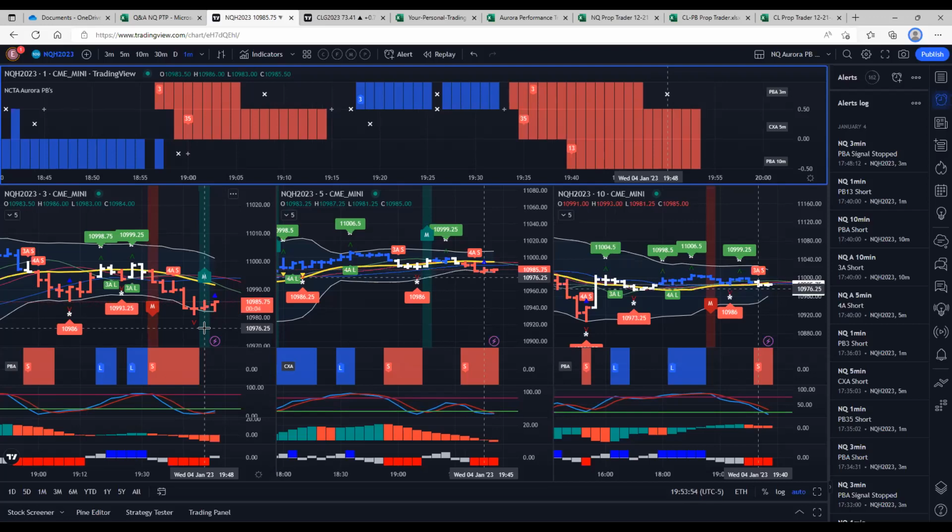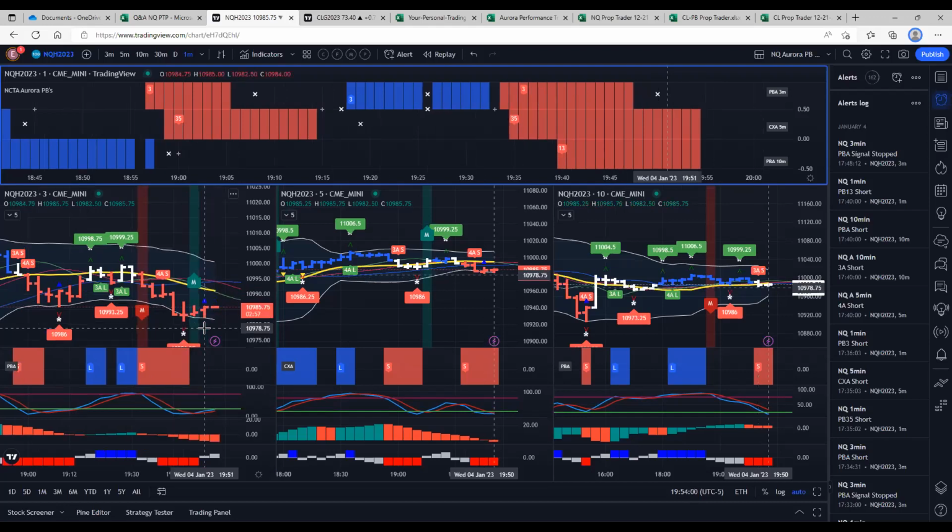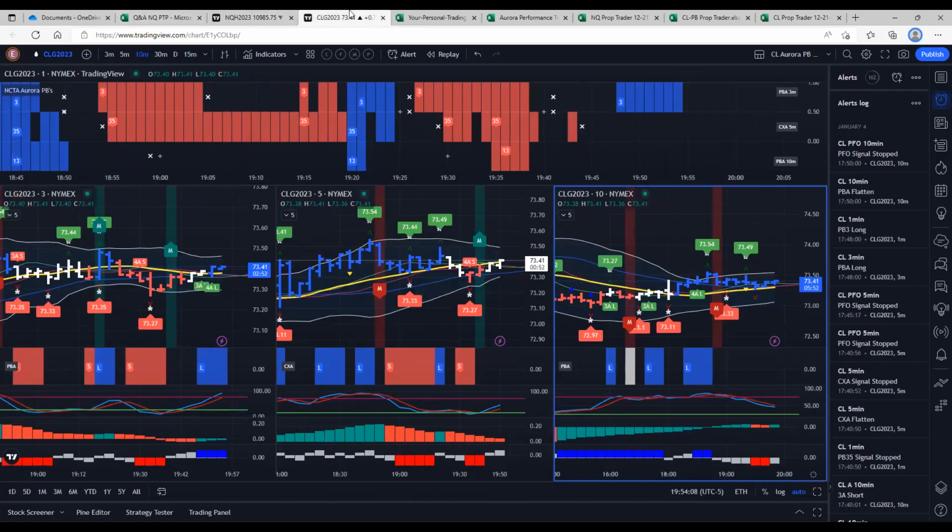But so far, we haven't found anything convincing that seems to be a good filter besides what we're already using for our PB trades, which we have done for oil as well. We're still using the same PB filters with Bollinger Bands and the moving averages.